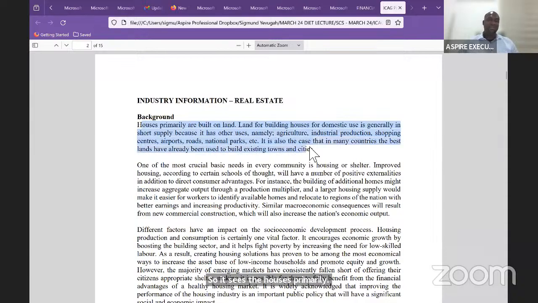Land for building houses for domestic use is generally in short supply because it has other uses, namely agriculture, industrial production, shopping centers, airports, roads, and national parks. It is also the case that in many countries, the best lands have already been used to build existing towns and cities. One of the most crucial basic needs in every community is shelter.